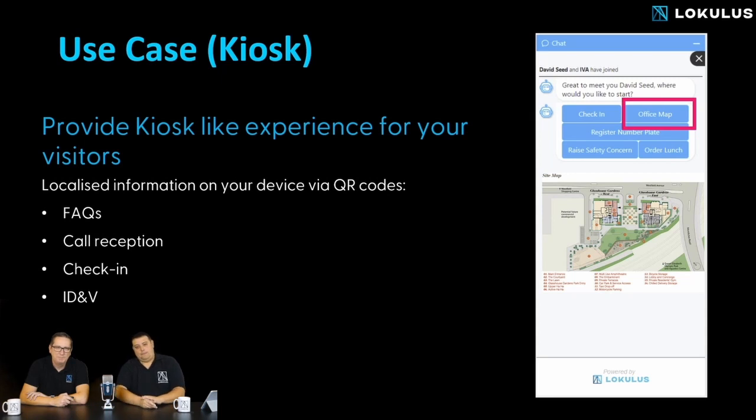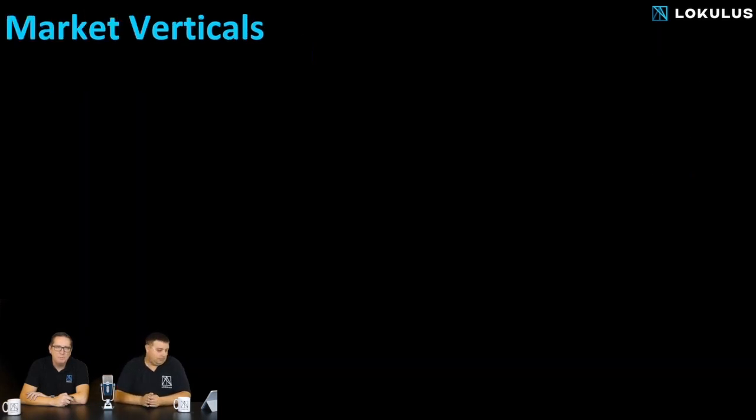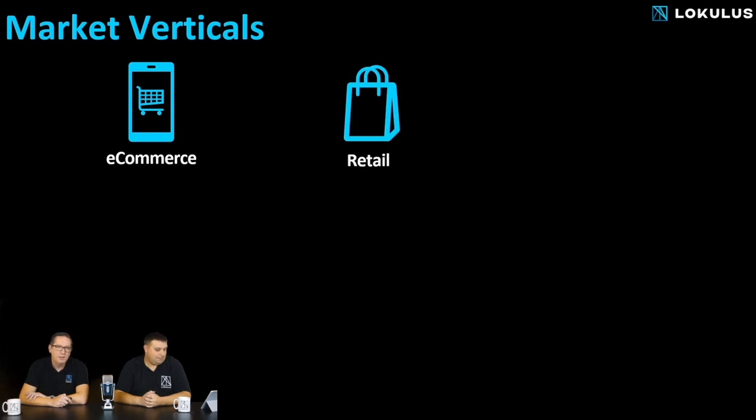Yeah, indeed. And then in terms of markets, this is cross-market, and all markets can benefit from the value. And again, we are focusing on IVA, but this is all underpinned by the Spectra platform. We have e-commerce, and the demos demonstrate that we've essentially got that covered.